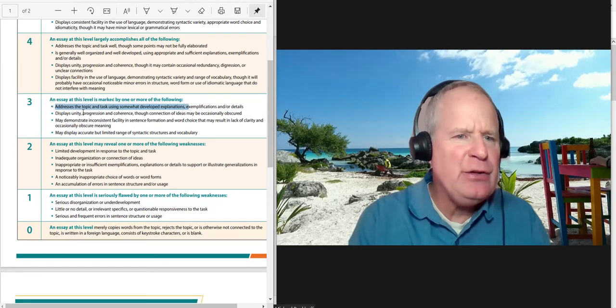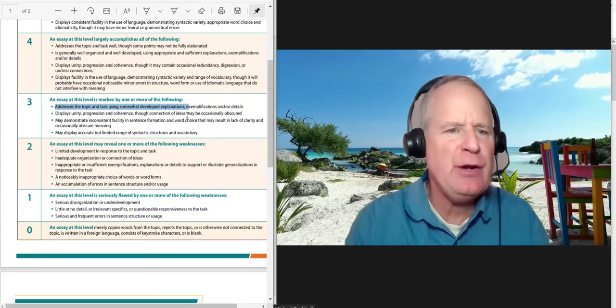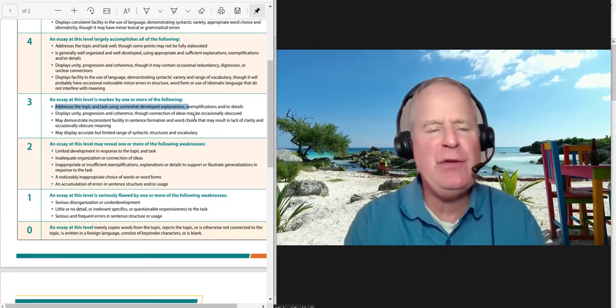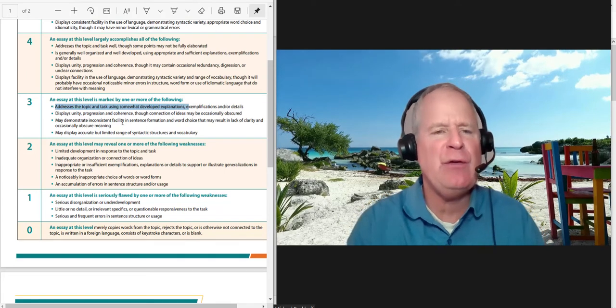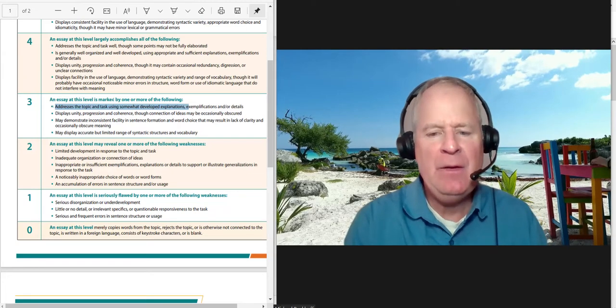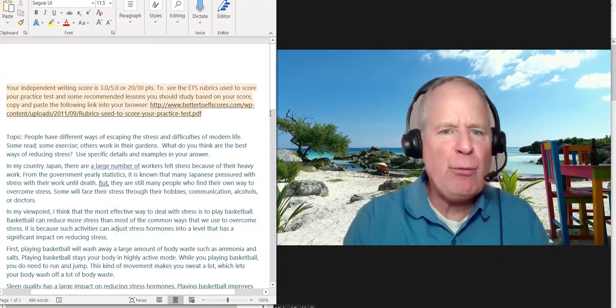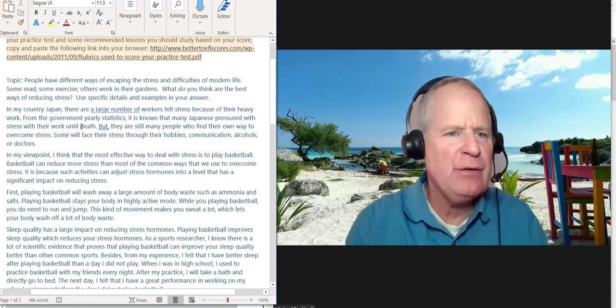Then you have unity, progression, coherence, though connection of ideas may be occasionally obscured. I think there was some confusion in your introduction, and then some inconsistent facility with sentence formation and word choice, right? Okay, so the first thing that really threw me off was these two different paragraphs here, right?